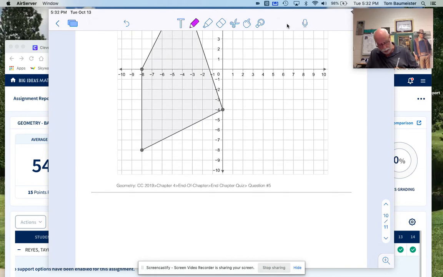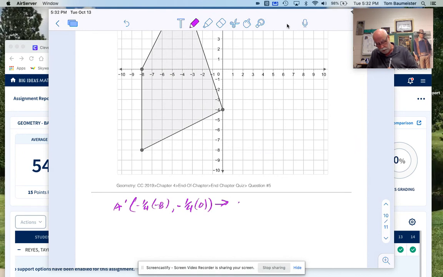So again, A prime will be negative 1/4 times negative 8, and our y value will be negative 1/4 times 0. And remember, negative times a negative is a positive. 1/4 of 8 is the same as 8 divided by 4.